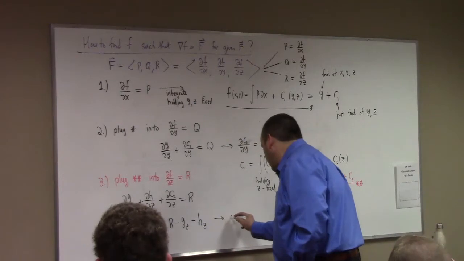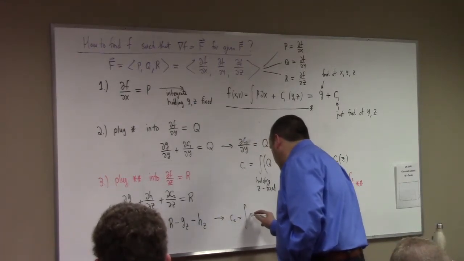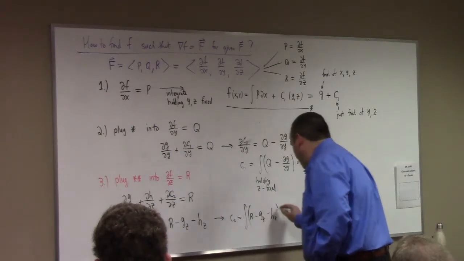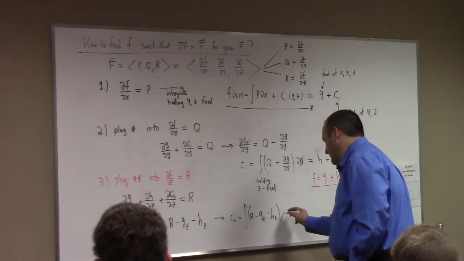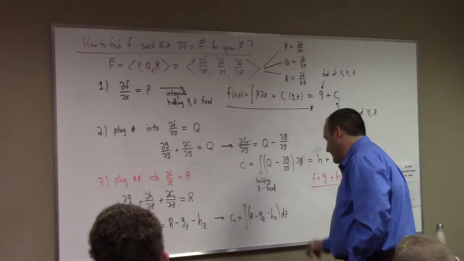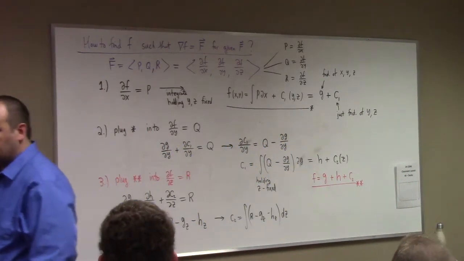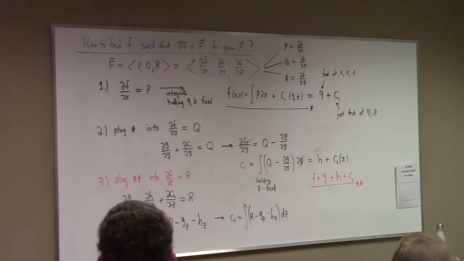And that will tell you that c2 is the integral of r minus gz minus hz with respect to z. At which point, you put that back into star star, and you found your potential.